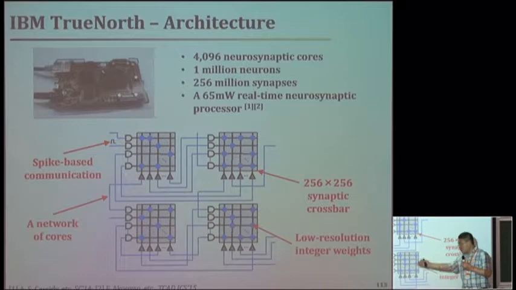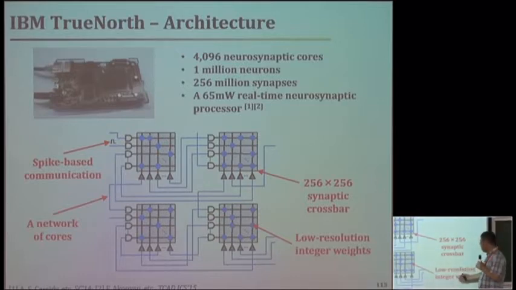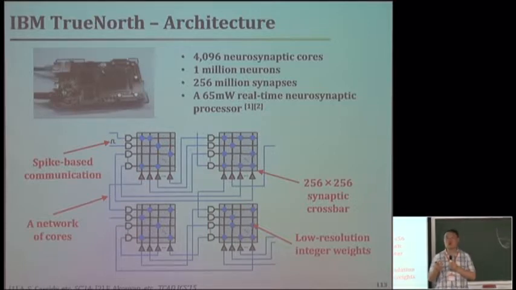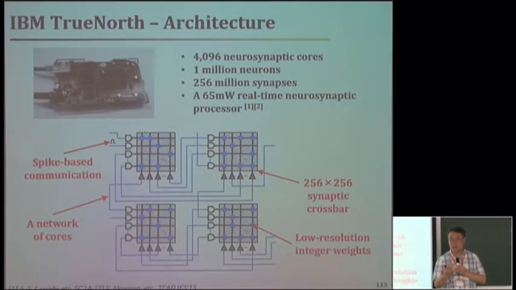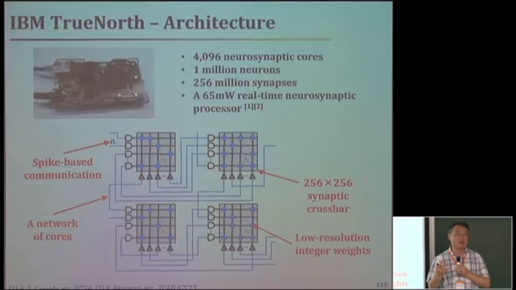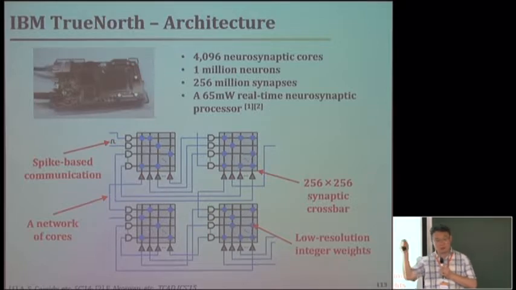If we have such a low precision integer weight, we immediately know the TrueNorth will not be able to do training, because training requires floating point data representation. Updating the gradients calculates the difference between the outputs, and the small difference will generate the update.